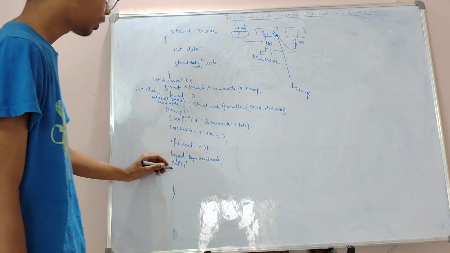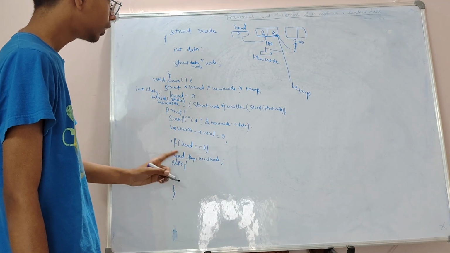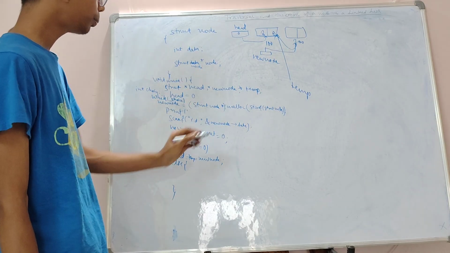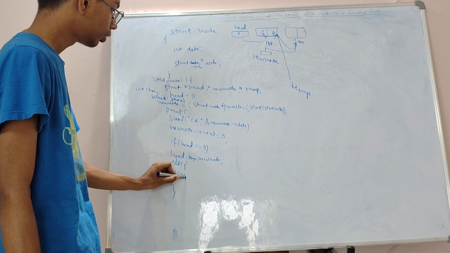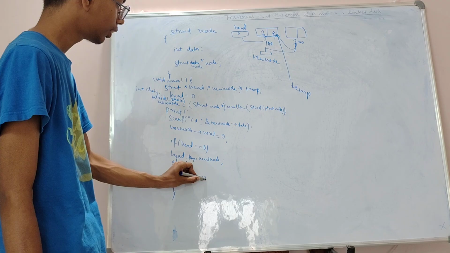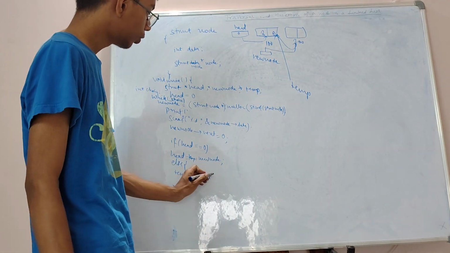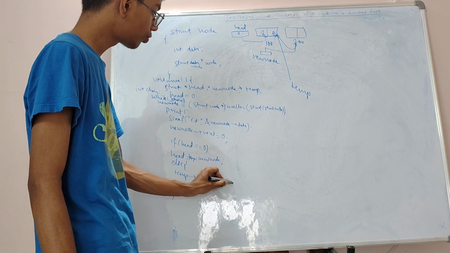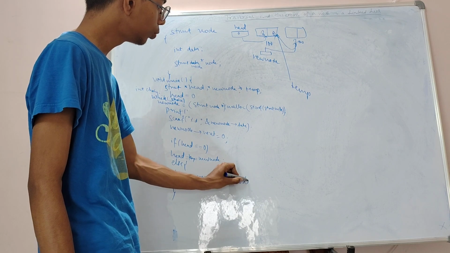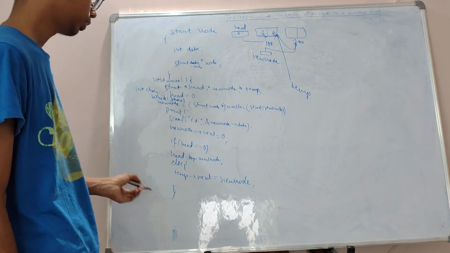So I will write here using the temp pointer, I will go to next and I will store the address of the new node that I have created, right?